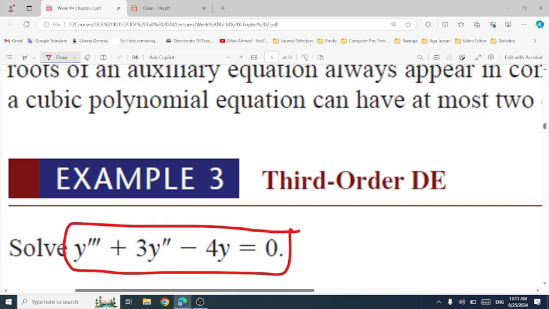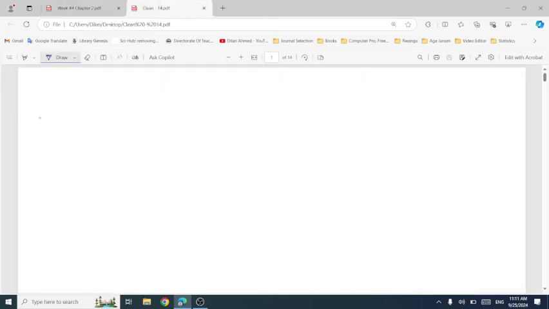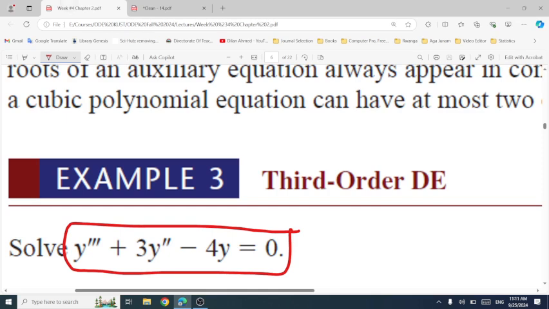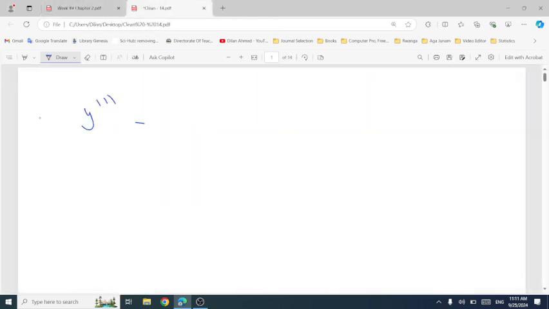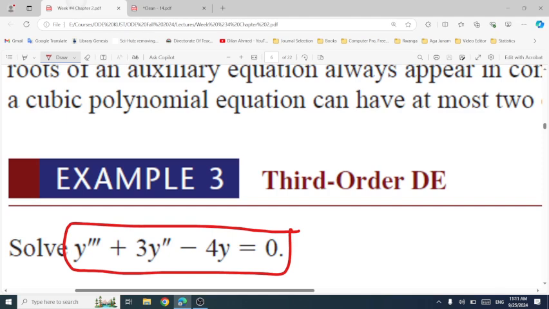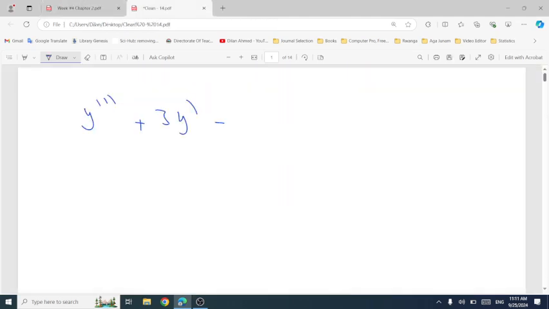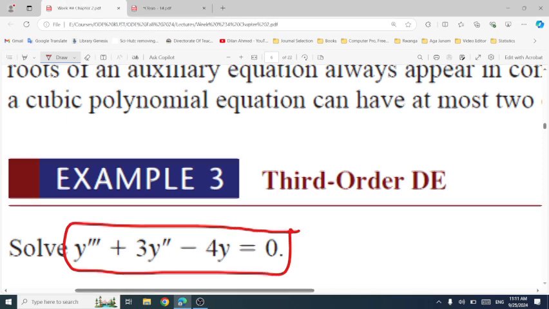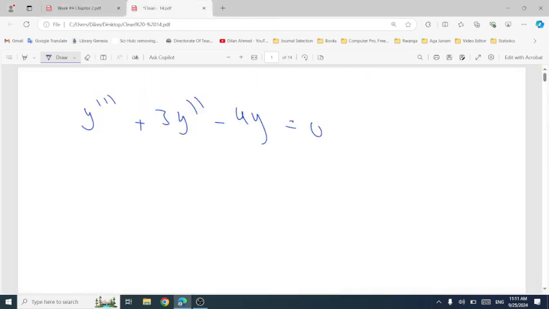So we have y triple prime, 3y prime, minus 4y equal to 0. Am I right? Guys, in 2.2, this 0 will also change to another function. And 2.2 is like 2.1, so try to understand. Later, I'll give you time to review, please.